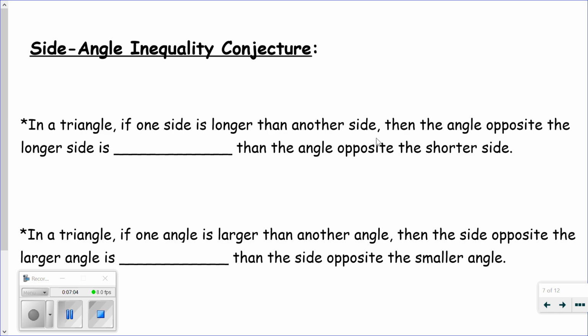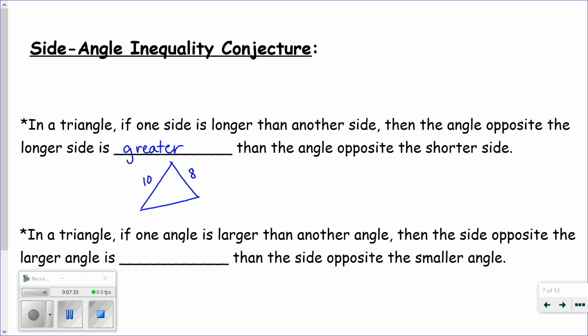But then we have another inequality conjecture. So make sure you're writing these down again on your conjecture sheet. In a triangle, if one side is longer than the other, then the angle opposite the longer side is greater than the angle opposite the shorter side. So again, let's say this side is 10, this side is 8, and I complete that triangle.